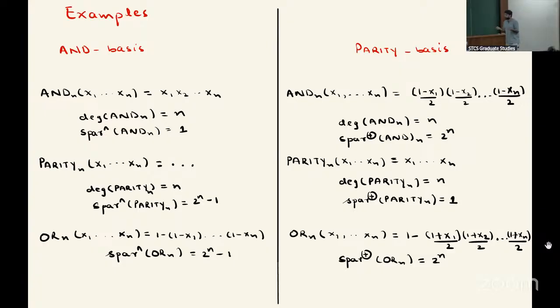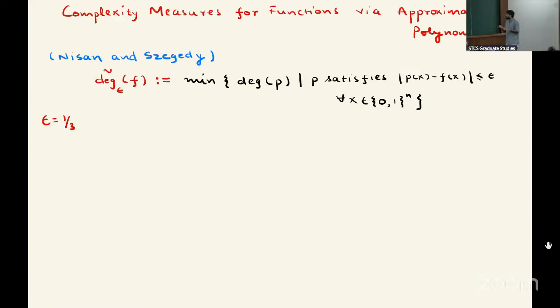So I've defined how to represent a Boolean function using polynomials. The other thing that we would want to do is use approximate polynomials to represent a Boolean function. In classical approximation theory, pointwise approximation of functions using polynomials has long been studied. And Nisan and Szegedy introduced this notion to study Boolean functions.